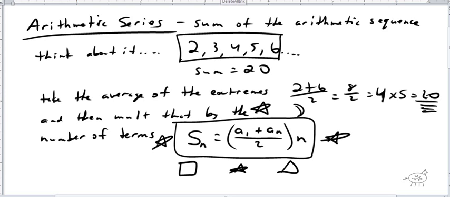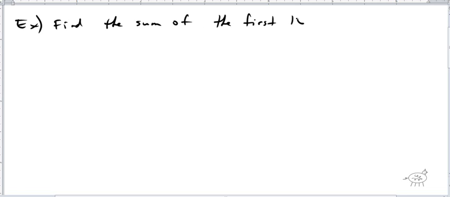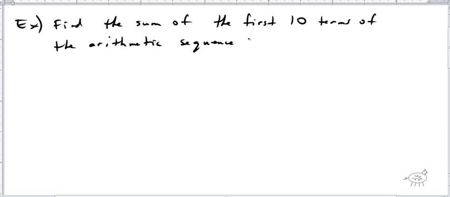Let's use that equation in this next example. Find the sum of the first 10 terms of the arithmetic sequence 3, 7, 11.